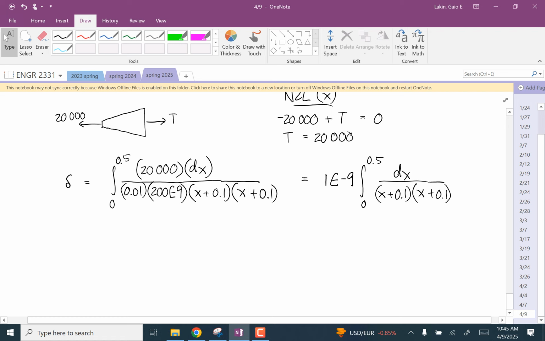I think the fact that having it factored like this says what we want to do is say u is equal to x plus 0.1. So du dx is equal to 1. So dx then is equal to du.